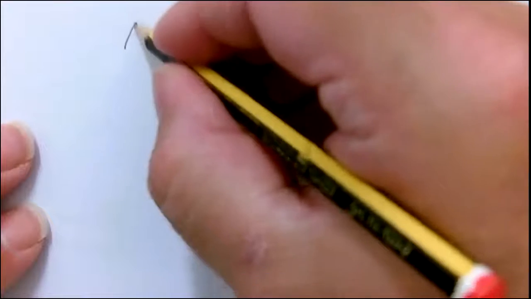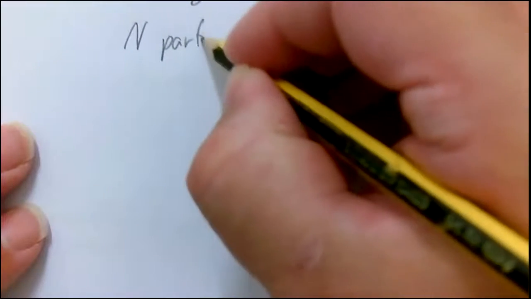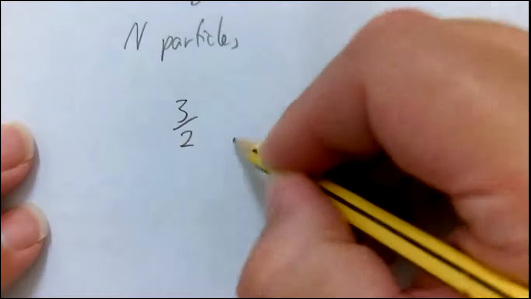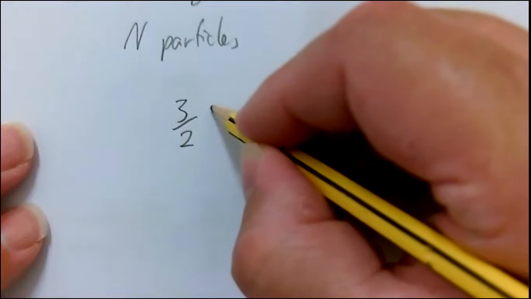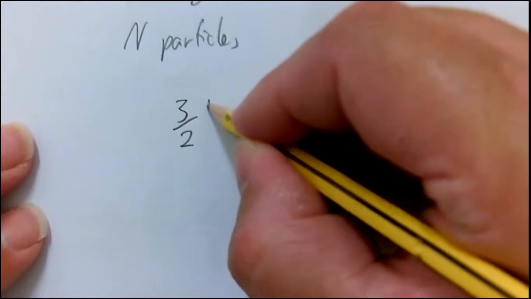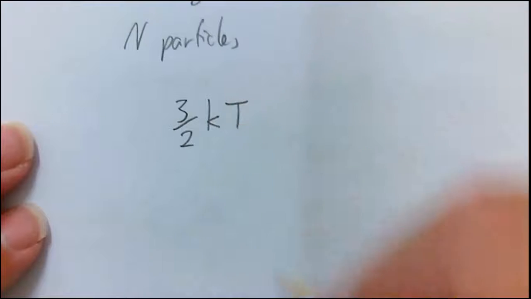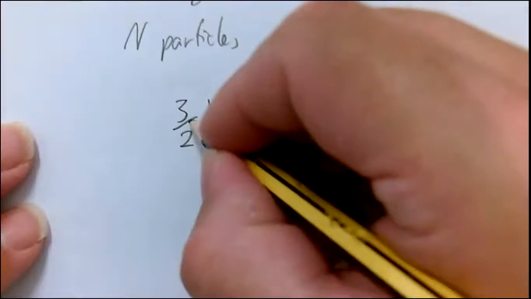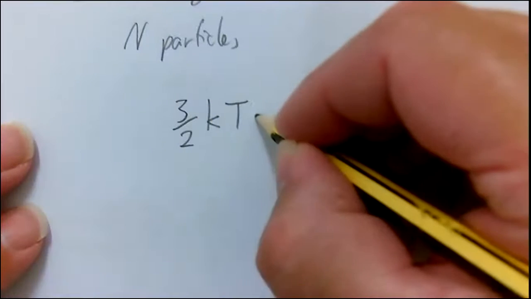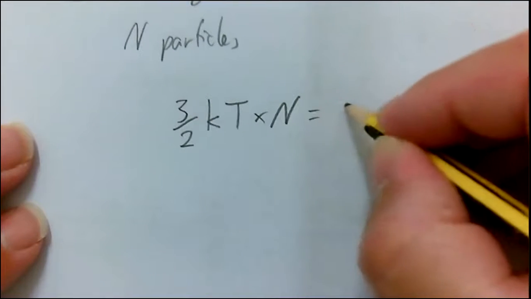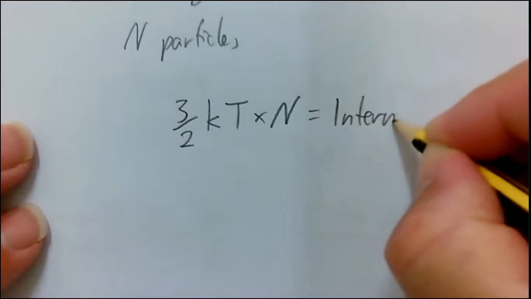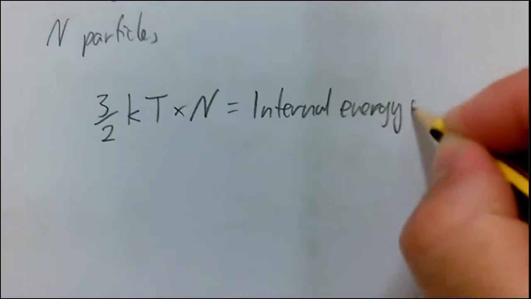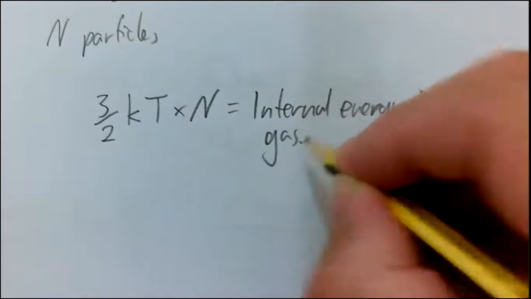So if we think about it, if it's N particles, and each particle has a kinetic energy of 3 over 2 k times the absolute temperature, then all we need to do is multiply that by the number of particles, and that gives you the internal energy of the gas. Okay.